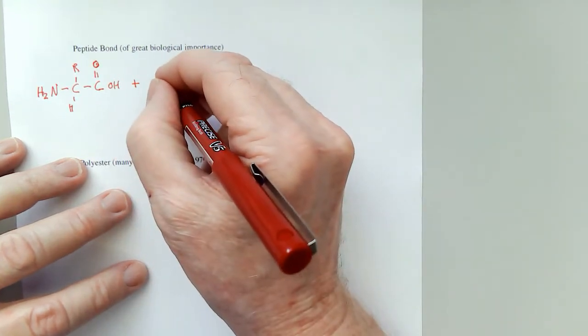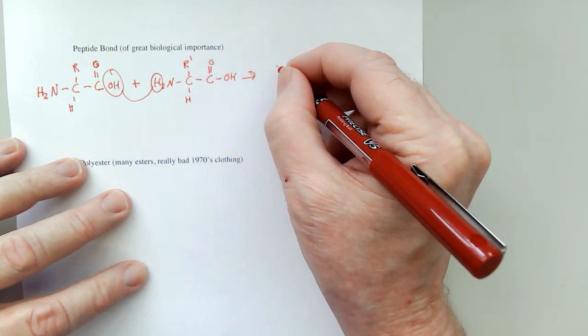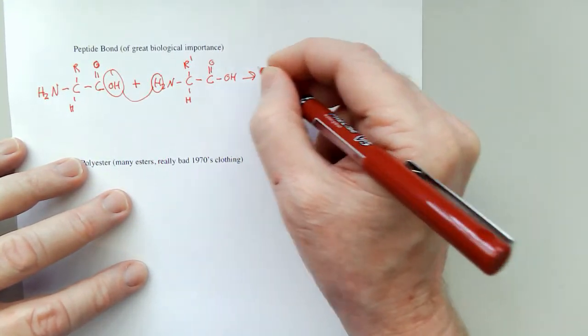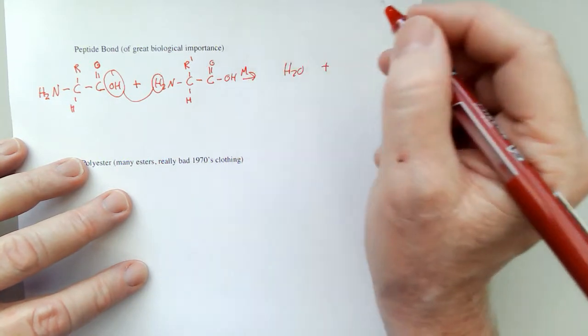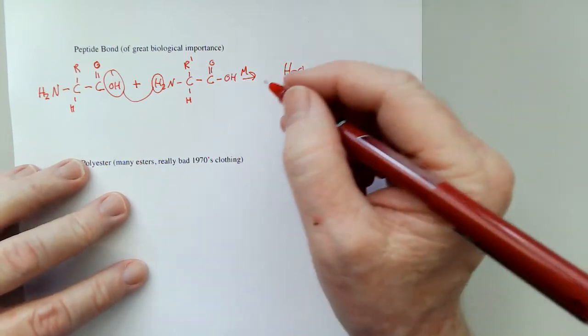And what happens is one of these H's and this OH form water. And you can use a metal for this also. Actually, the best is going to be to use enzymes.